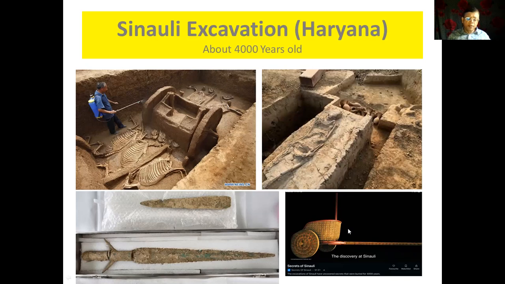So this is actually quite a quantum jump in our knowledge about India, because so far, in none of the excavations were these kind of chariots and weapons found. This is a drawing of a chariot, how it would have looked. So these were used by warriors, like for example in the Mahabharata war. These kind of chariots would have been used. And as I told you, it is dated to about 2000 BC.